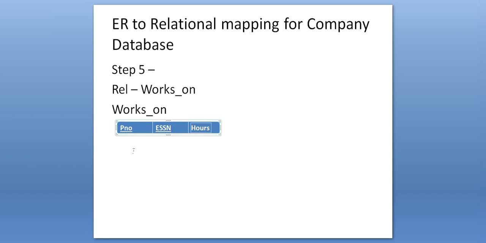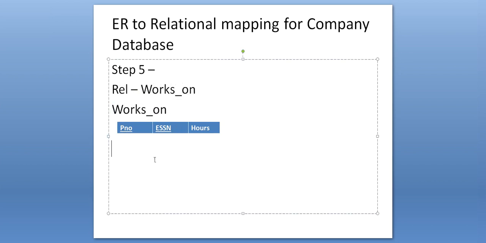Okay, and there will be two attributes, and they are going to be foreign keys referring to the participating entity types. So we will have PNO referring to the project relation, and ESSN referring to the employee relation. Okay, and the combination of these two foreign keys will become the primary key of the relation works on.